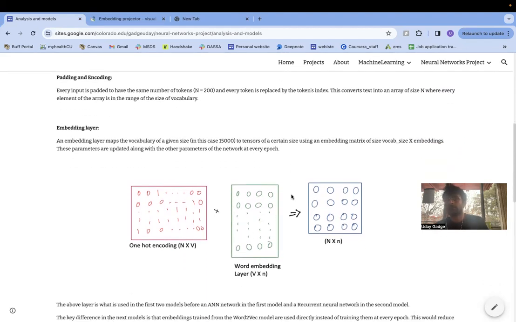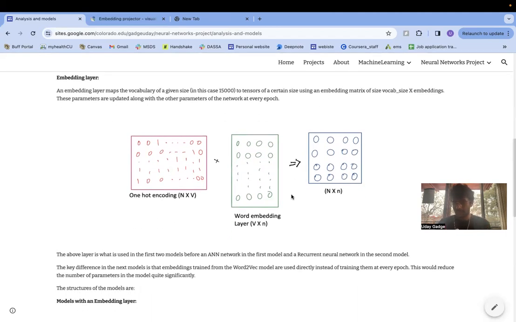So having spoken about Word2Vec embeddings, the way an embedding layer within a neural network model, either just an ANN or RNN layer, works is that instead of taking each embedded word, we pass in a one-hot encoded vector of words. For instance, if a sentence that we are passing as input has n words in it, and we have defined a vocabulary size of v, then we pass in an n by v one-hot encoded matrix.